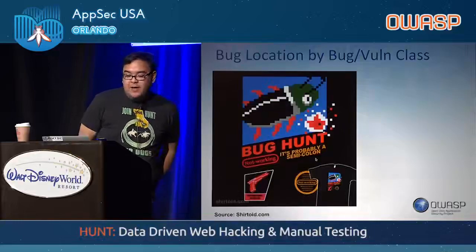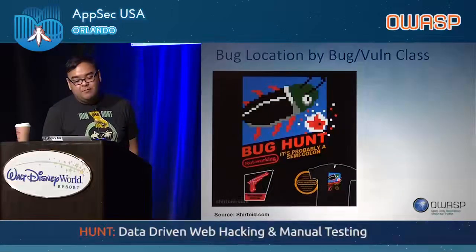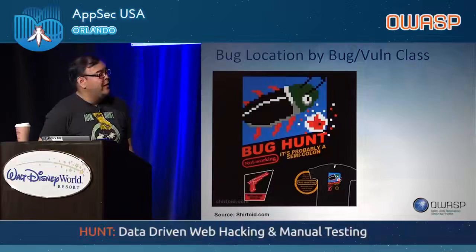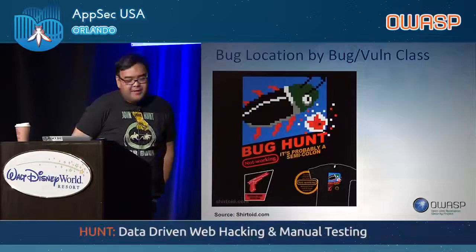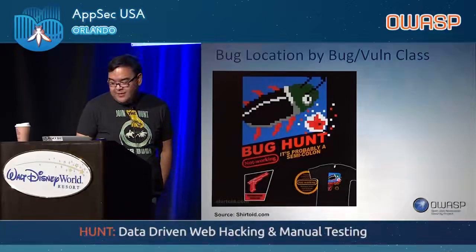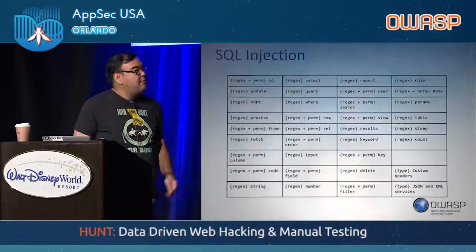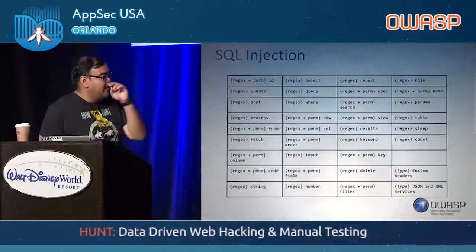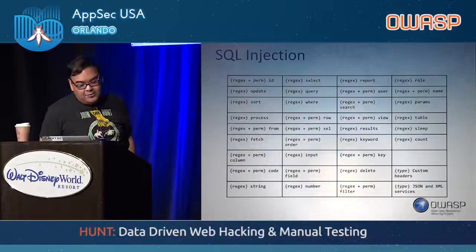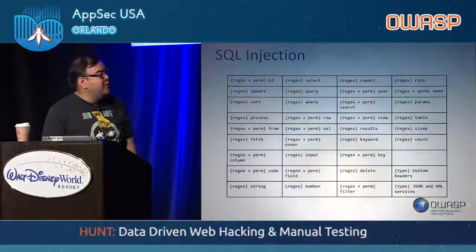Now let's talk about the bug location by bug and vulnerability class. What do I mean by this? We have the data set here, and it's broken down by the vulnerability class and then the different parameters. For SQL injection, you'll notice that a lot of the parameters in our data set were ID, select, query, update.